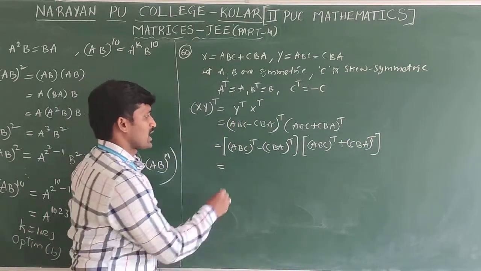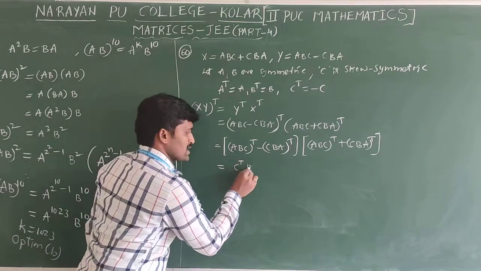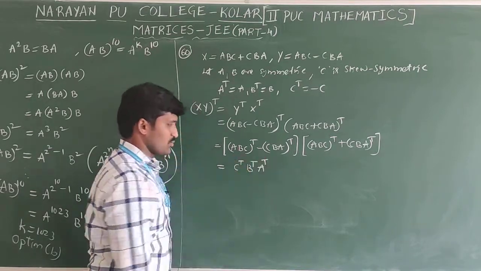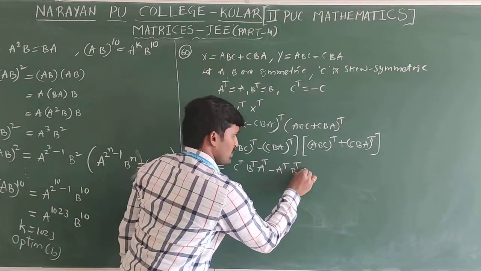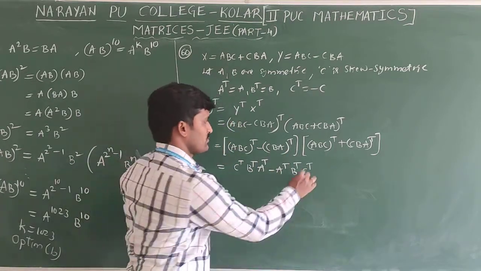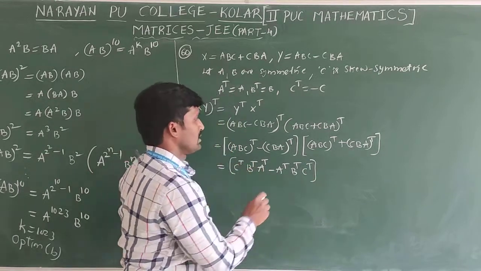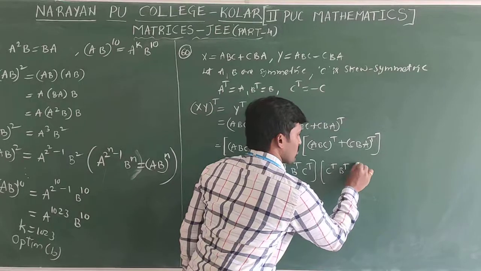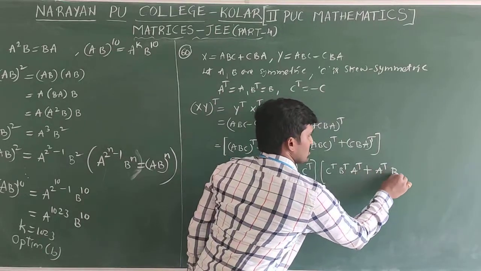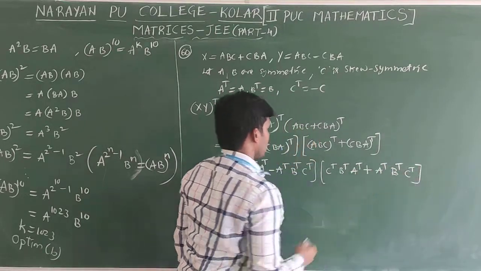Now (ABC) whole transpose means what will you get? C transpose into B transpose into A transpose minus A transpose into B transpose into C transpose, into C transpose B transpose A transpose plus A transpose B transpose C transpose.